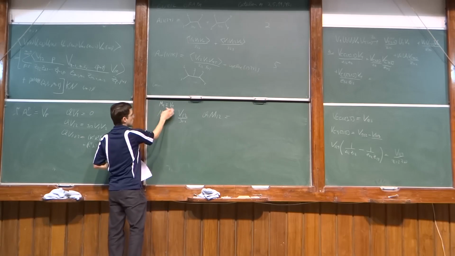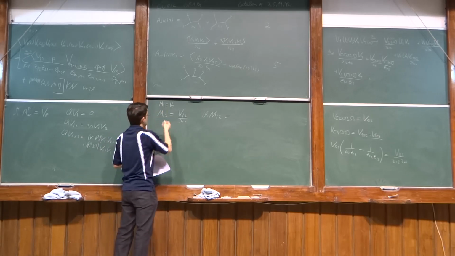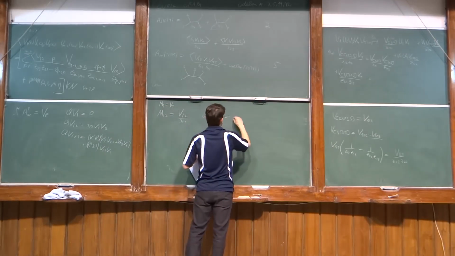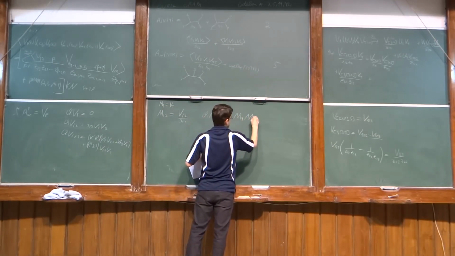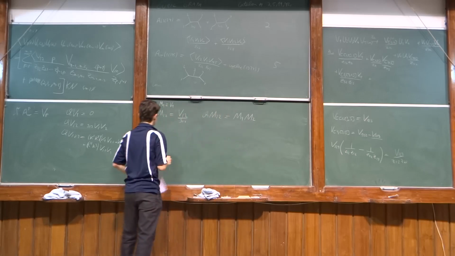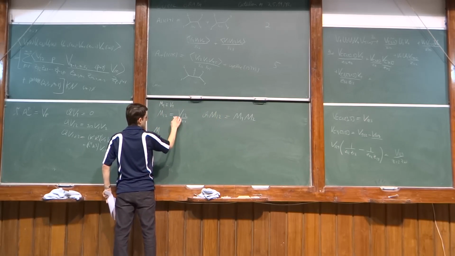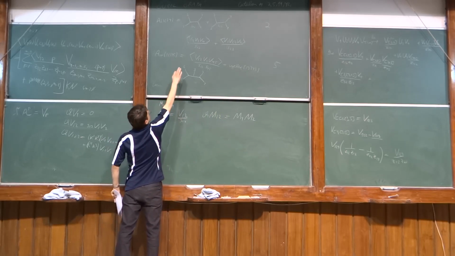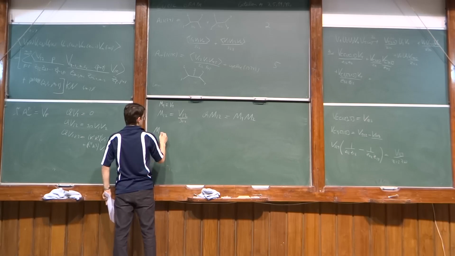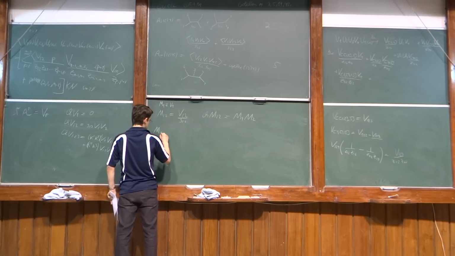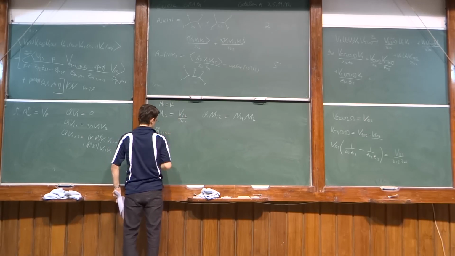I'm using 1, but it's really a single particle label, so Mi is Vi. Then you get this structure here. I do this because that's the type of pole structure suggested by the amplitude.